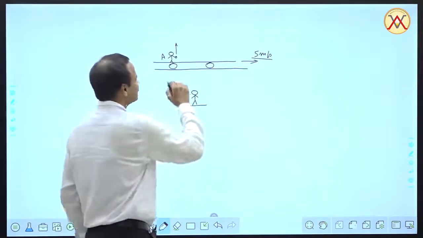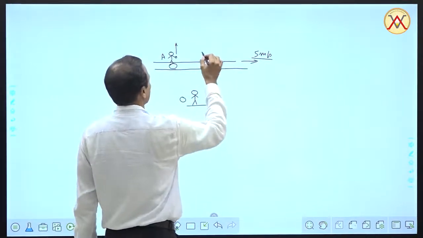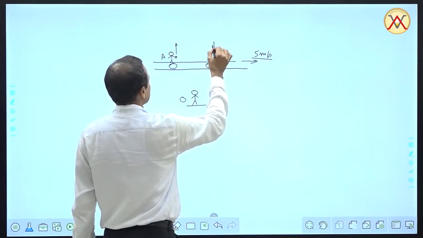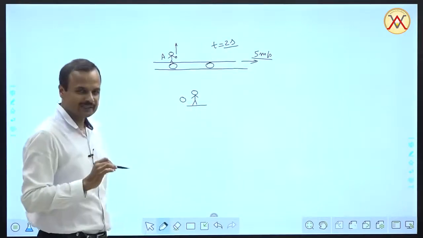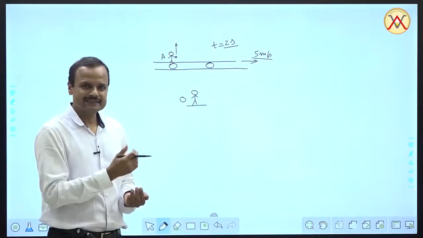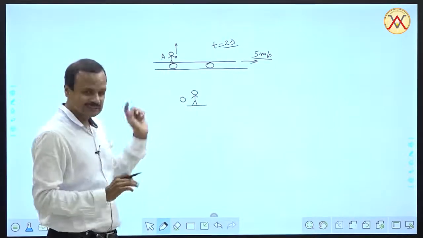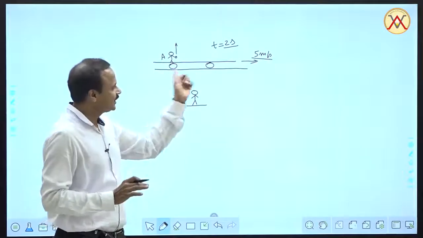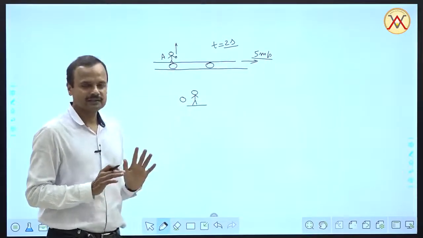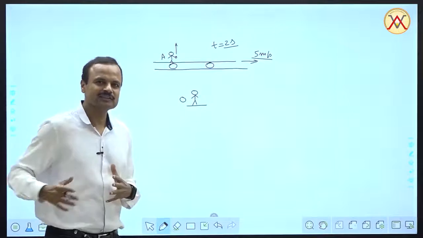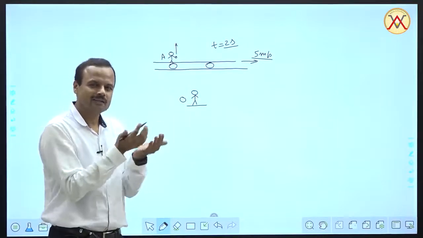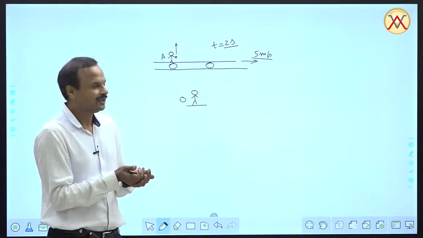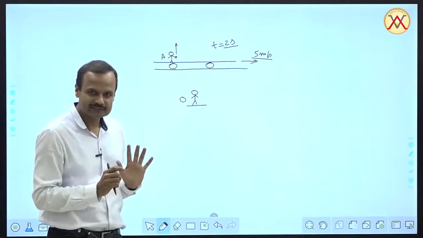And it is known that he catches the ball back in his hands at t equal to 2 seconds. The person is not moving relative to this cart. He is just standing on this moving cart.